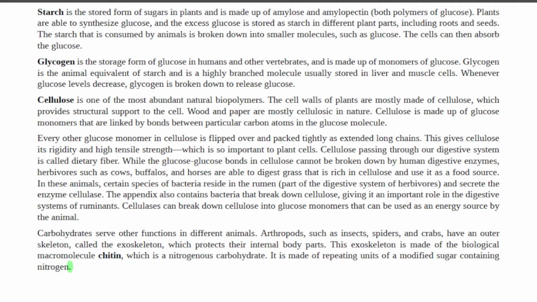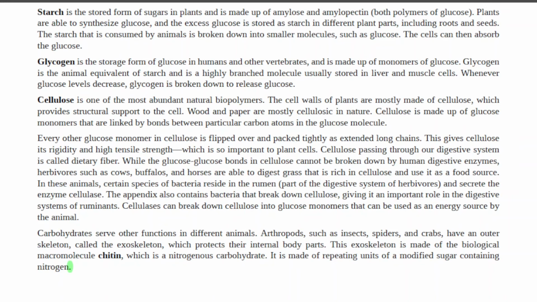The appendix also contains bacteria that break down cellulose, giving it an important role in the digestive systems of ruminants. Cellulases can break down cellulose into glucose monomers that can be used as an energy source by the animal. Carbohydrates serve other functions in different animals.